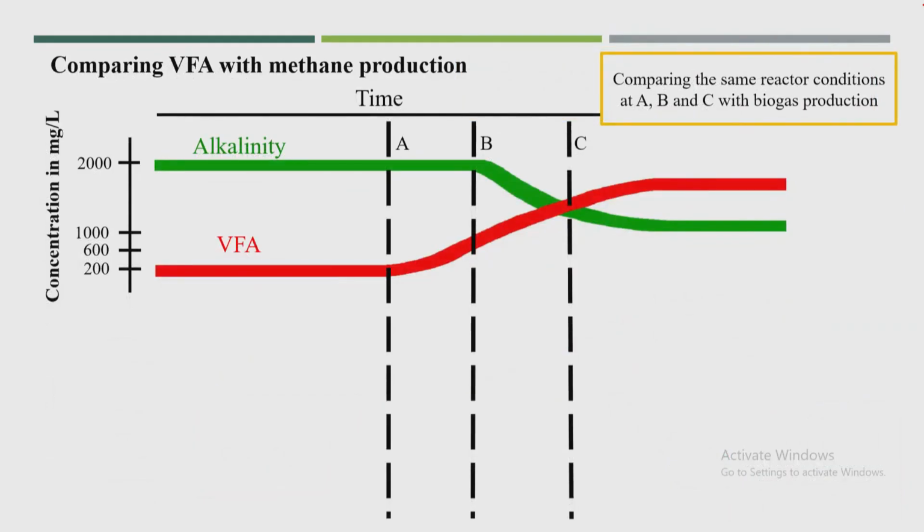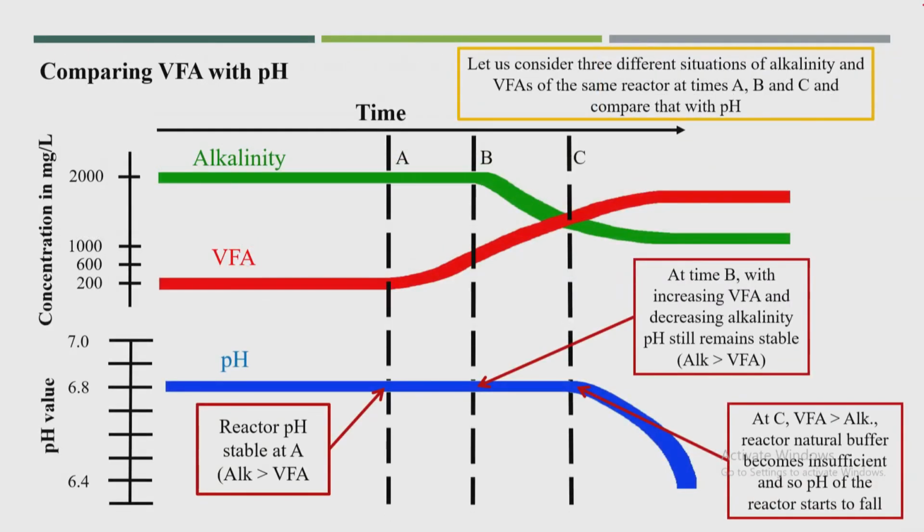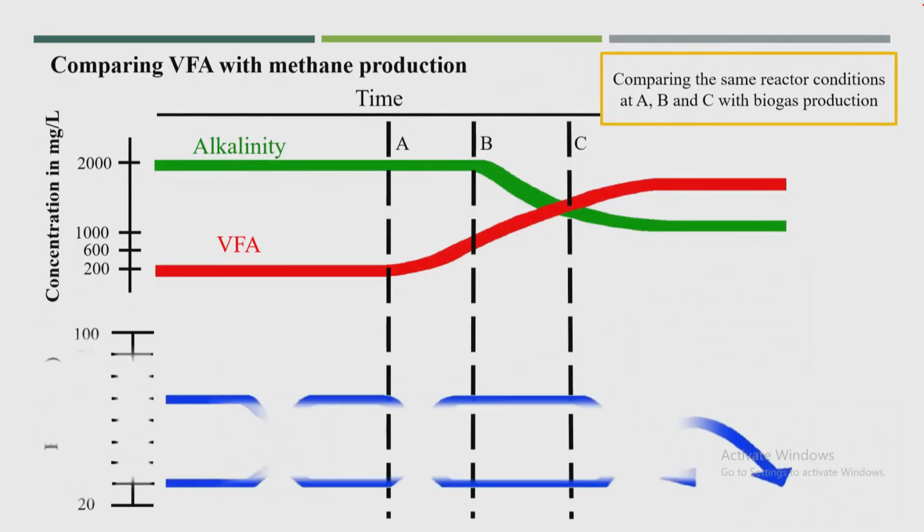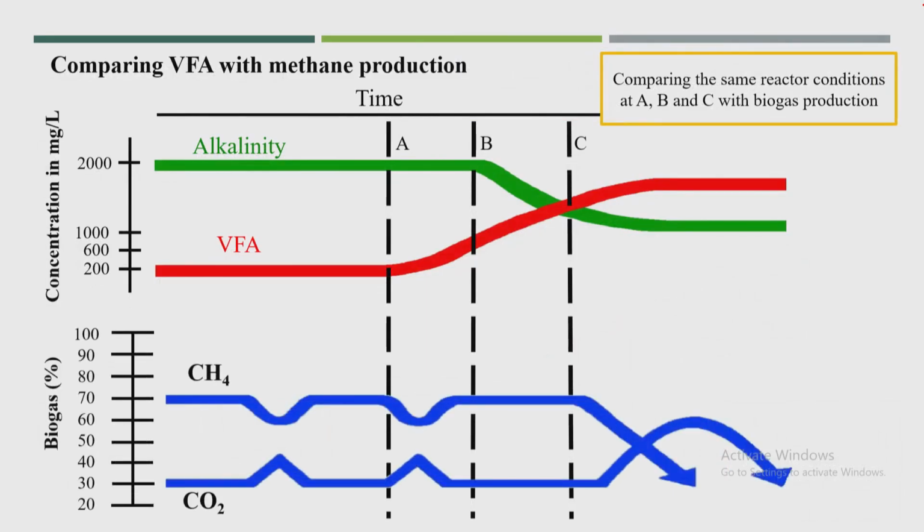Now, take the same example for gas production. Like we saw in the previous one, at this condition the pH has dropped, and with the same alkalinity and VFA conditions, how would methane production be? We also see the methane production and carbon dioxide production.